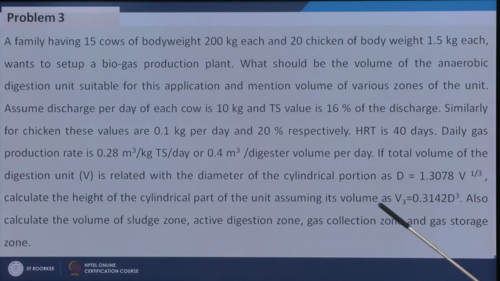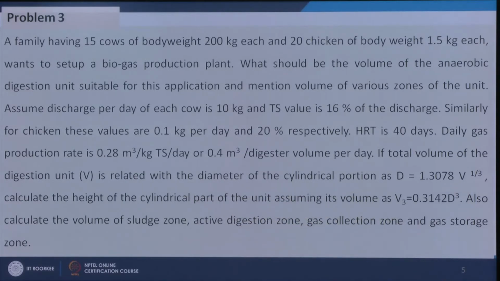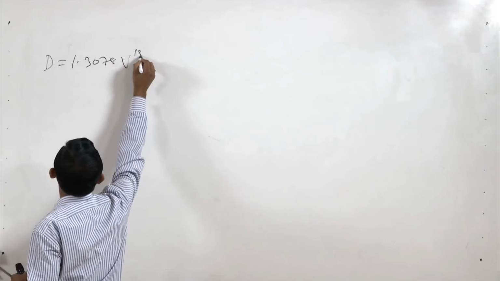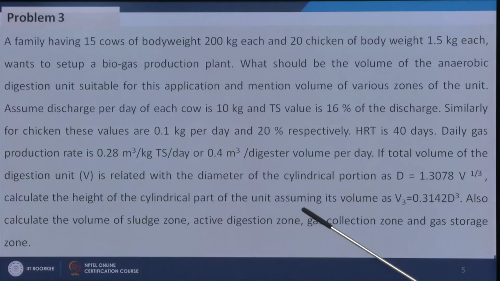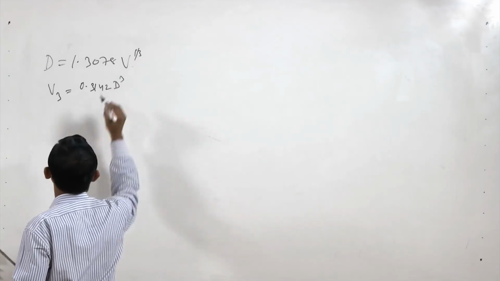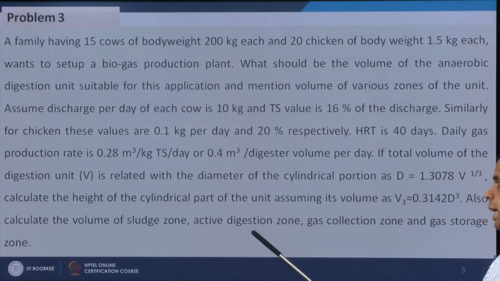If total volume of the digestion unit, that is V, is related with the diameter of the cylindrical portion D as D is equal to 1.3078 V to the power 1/3, calculate the height of the cylindrical part of the unit, assuming its volume as V3 is equal to 0.3142 D cube. Also calculate the volume of sludge zone, active digestion zone, gas collection zone and gas storage zone.